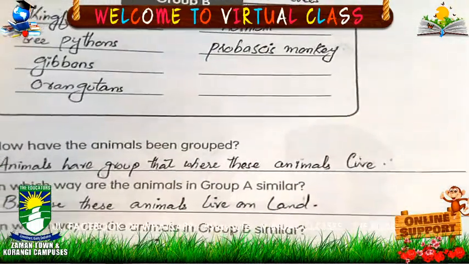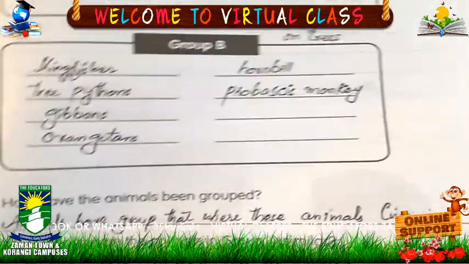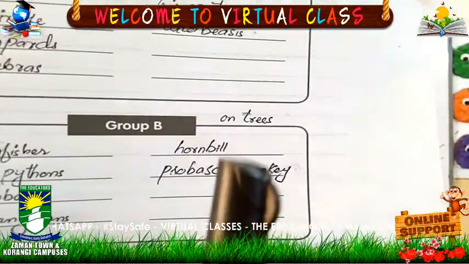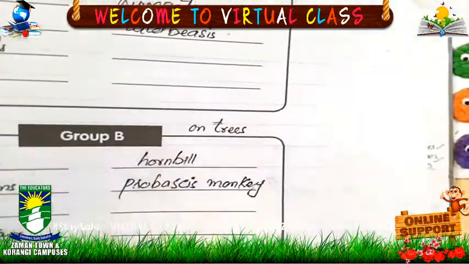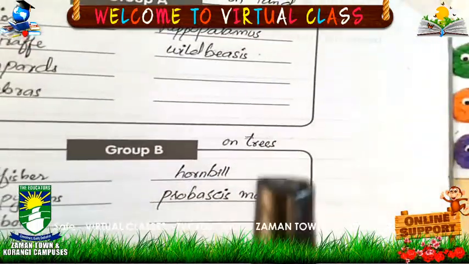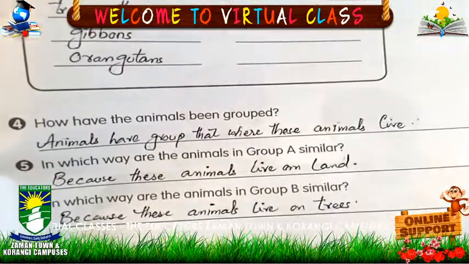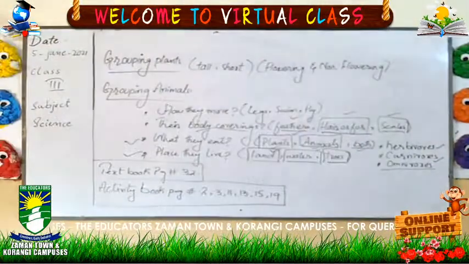In group B, we have written that these animals used to live on trees. The similarity among these animals is that they used to live on trees. So, the answer will be because these animals live on trees.